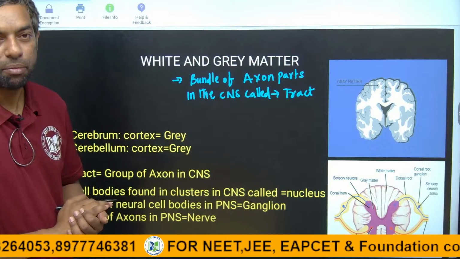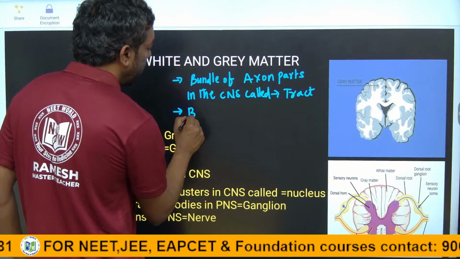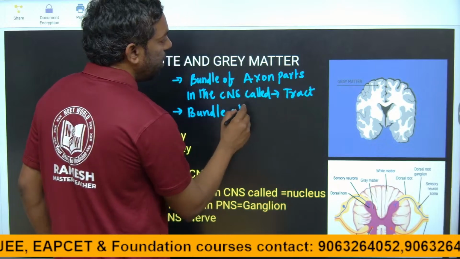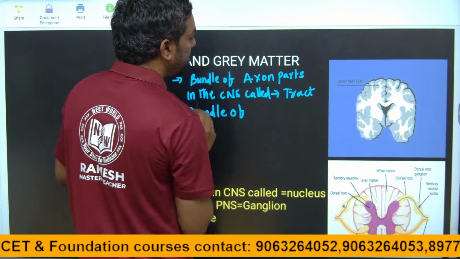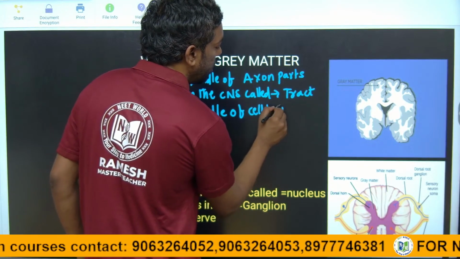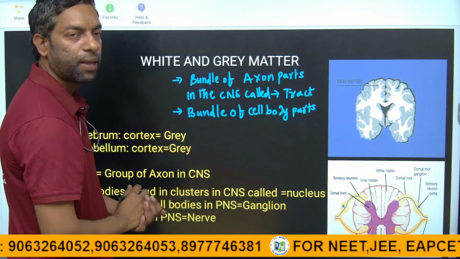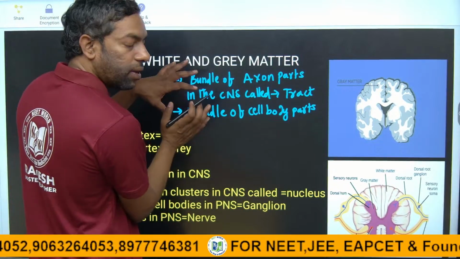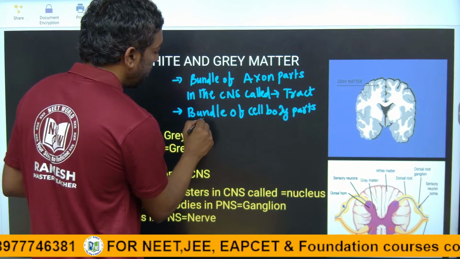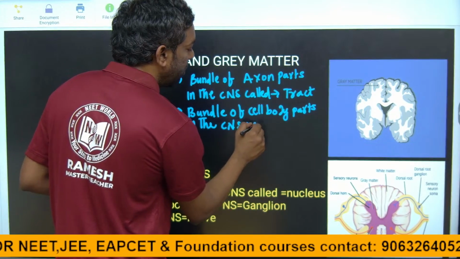This word you have to remember, guys. Here is the bundle of axon parts, and here is a bundle of cell body parts. A bundle of cell body parts in the central nervous system is called a nucleus.